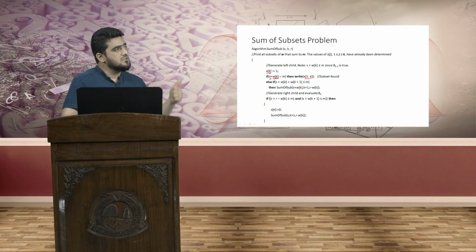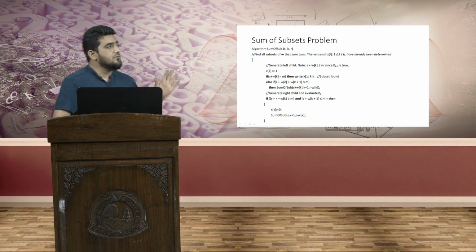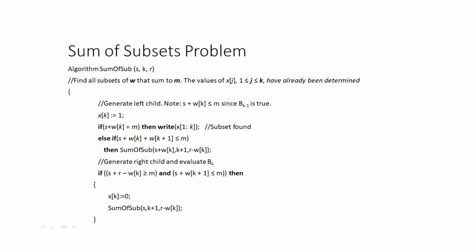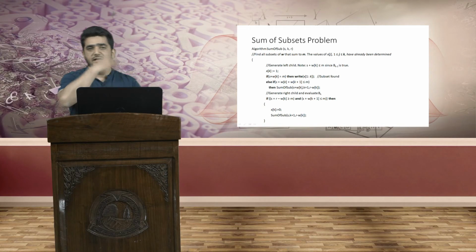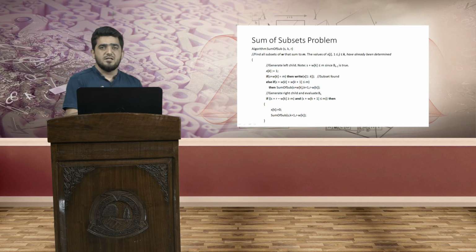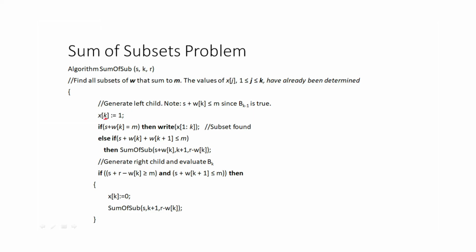Now if this is not the case, it means we have not found the solution yet, but we have considered the current weight. Okay, there are two options for us: either we consider the next weight or not consider the next weight. So whenever we enter this particular function, we are assuming that the current state or the current level satisfies our bounding condition. So we consider this kth weight.